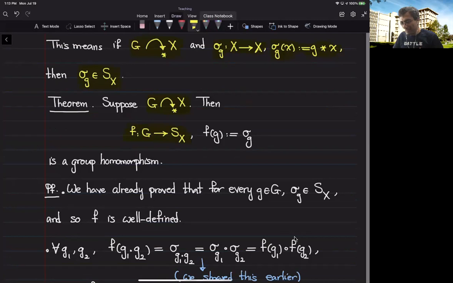I feed f an element g. It spills out a permutation. So f of g, which we denote as sigma sub g.